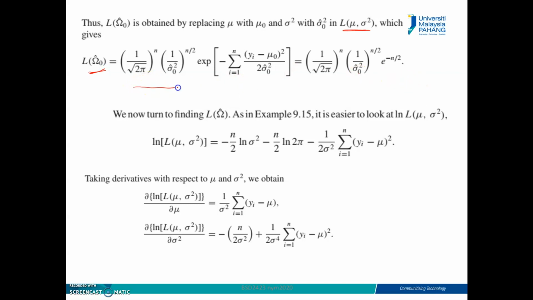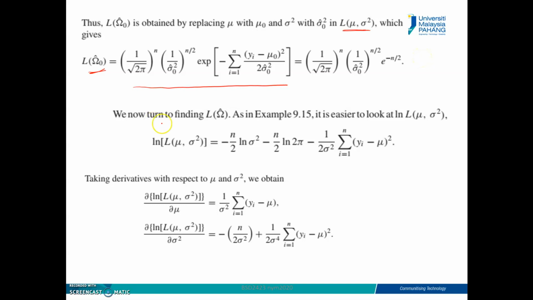So you will substitute the value of sigma naught, but here it becomes n over 2. Finally you will have 1 over 2 square root 2 pi power n, and then here exponent power n over 2.